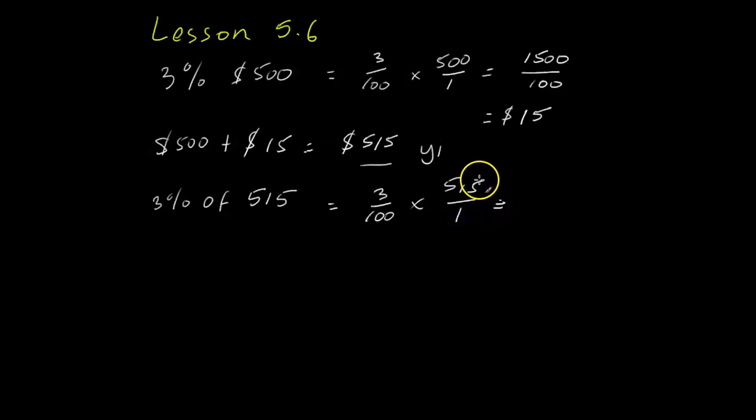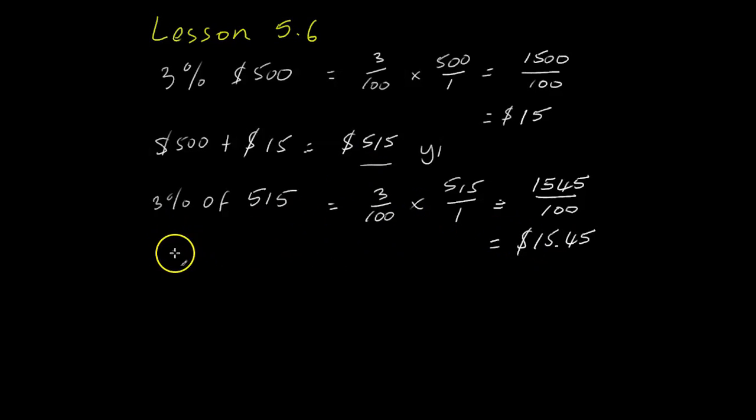If we do that calculation, that will give us 1,545 over 100. And so the interest that will be earned here, decimal places 2 to the left, 1, 2, so that's $15.45. That's going to be the interest earned in the second year, and that's going to be added to the initial amount that we have in the account.